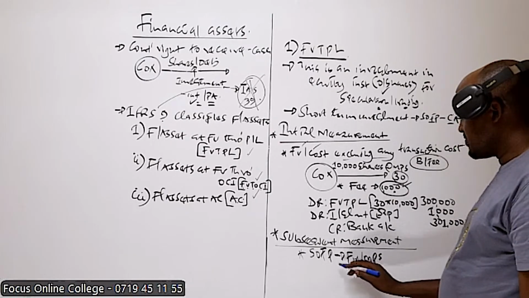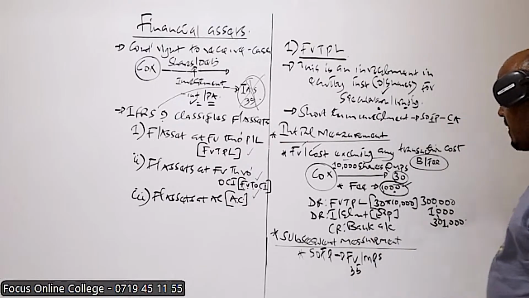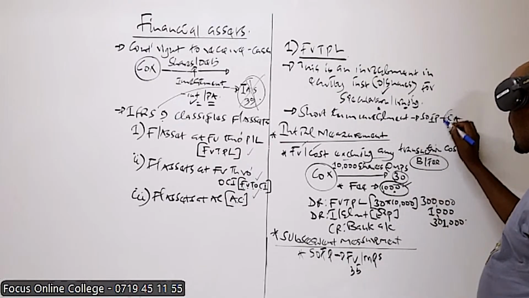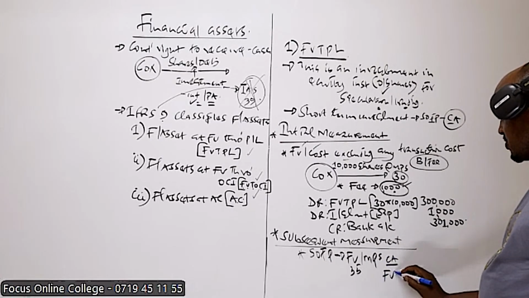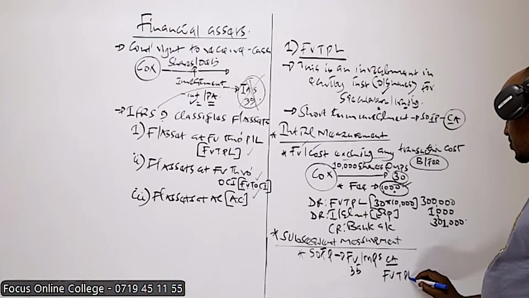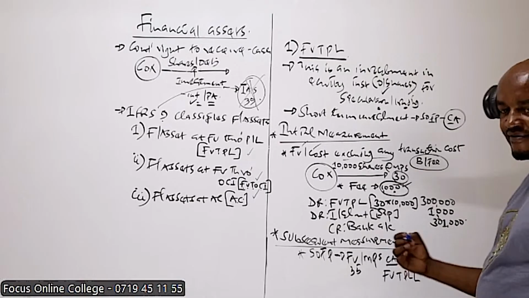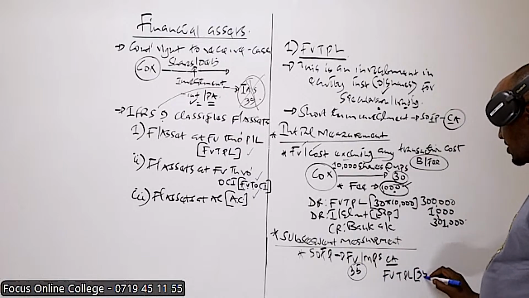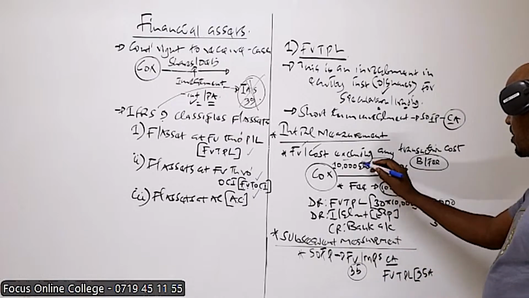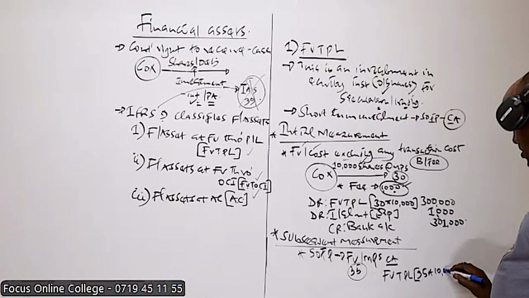So when the company is preparing the statement of financial position, remember, we have said that these are current assets. So under current assets, the company will record financial assets at fair value through profit and loss at their fair value at the end of the year. This is their fair value. So the market price of each share is 35 times the shares which were bought, which is 10,000.